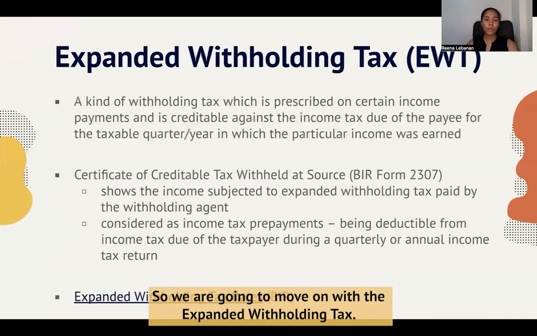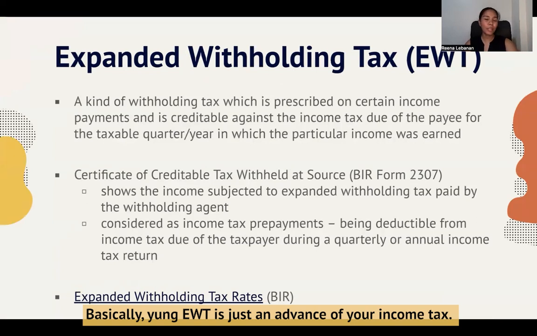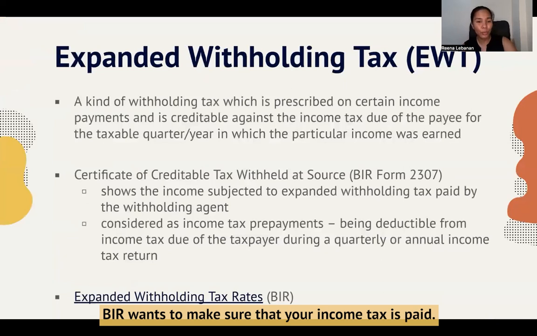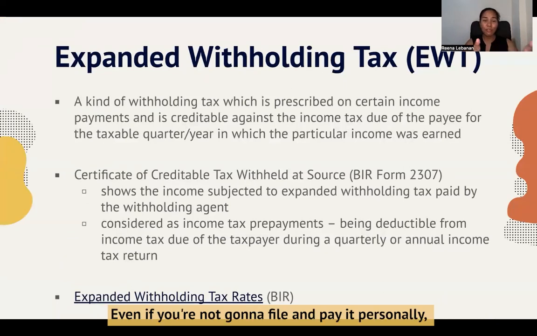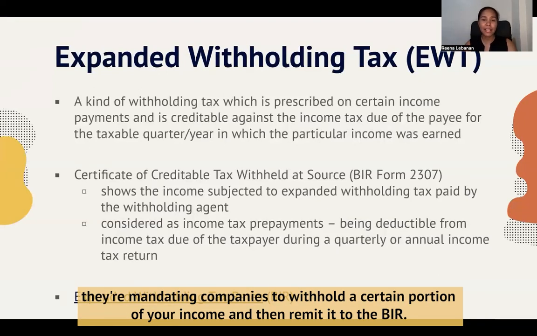So we're going to move on with the expanded withholding tax. Basically, yung EWT is just an advance of your income tax. So BIR wants to make sure that your income tax is paid even if you're not going to file and pay it personally. They are mandating companies to withhold a certain portion of your income and then remit it to the BIR.